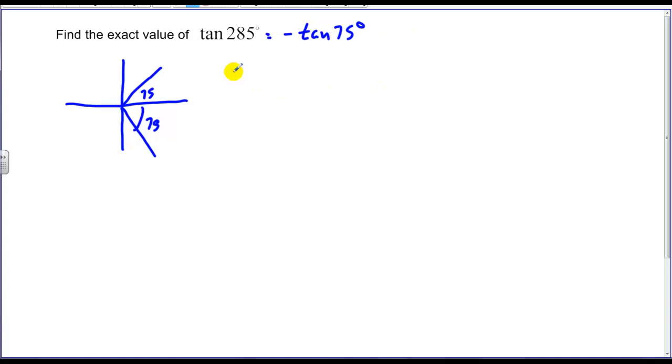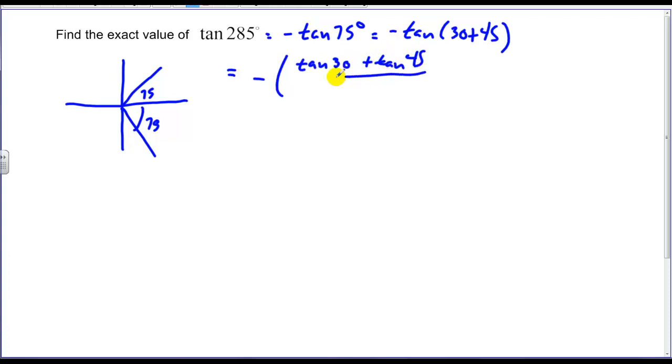So this is going to be the opposite of the tangent of 30 plus 45 degrees, which gives us the opposite of tan 30 plus tan 45 over 1 minus tan of 30 times the tan of 45.